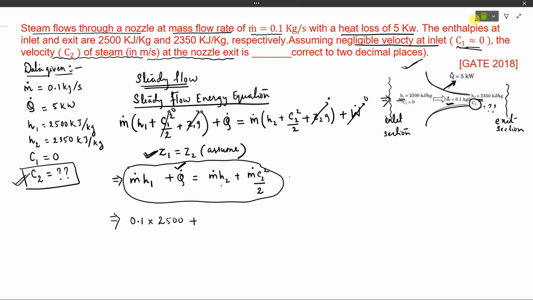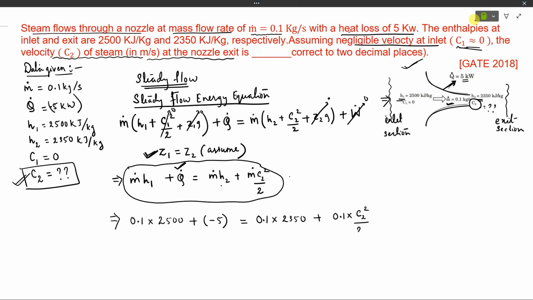It is a heat loss to the surroundings from the system, given as 5 kilowatt, so we use a minus sign as the sign convention for heat interaction, minus 5. That is equal to m dot, again 0.1, into H2, 2350, plus m dot 0.1 into C2 square by 2.